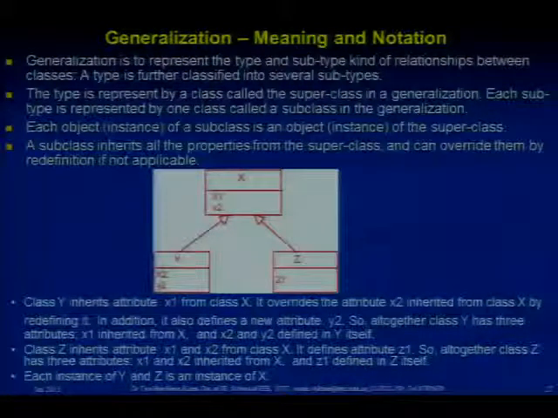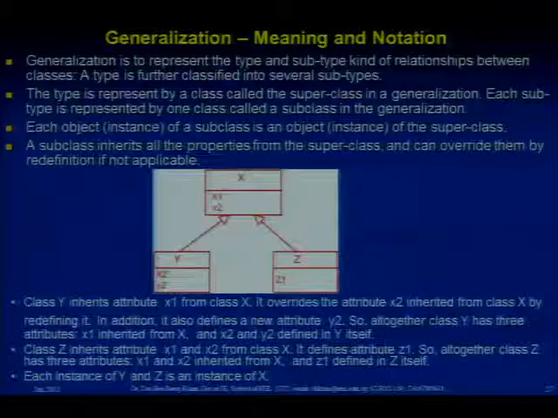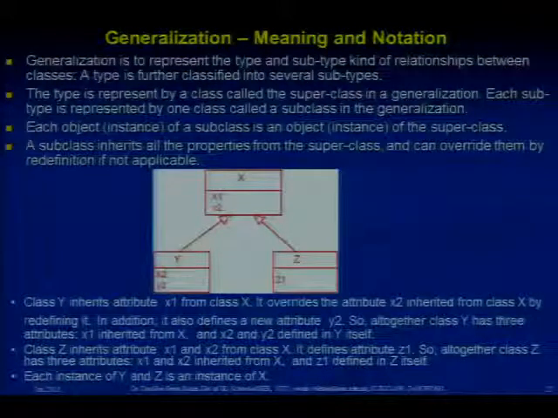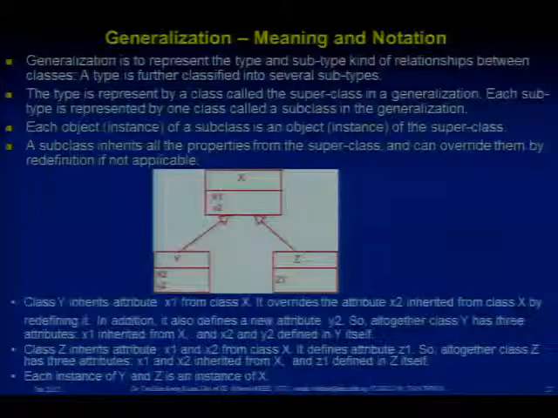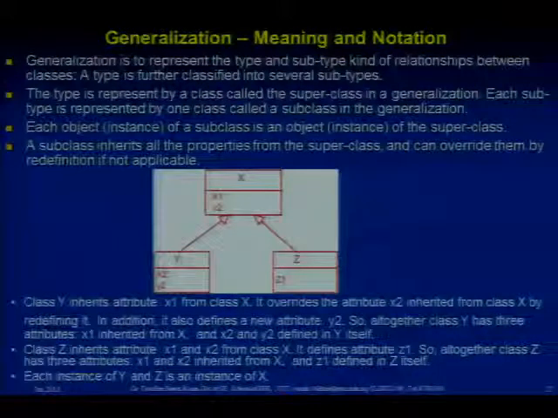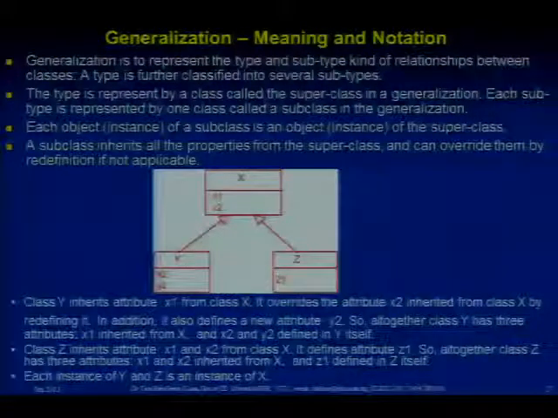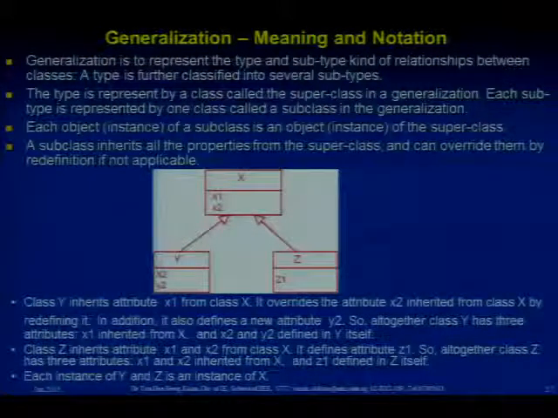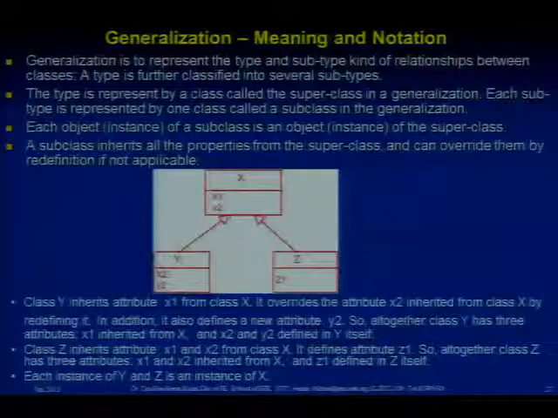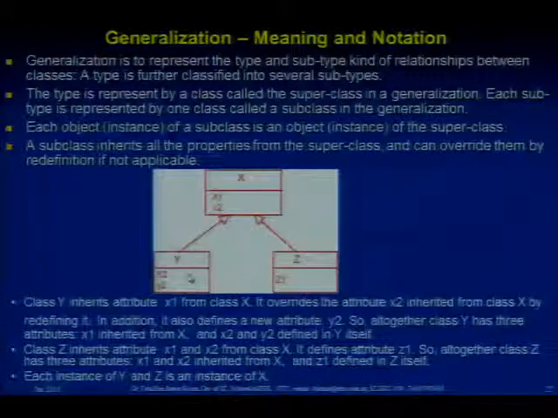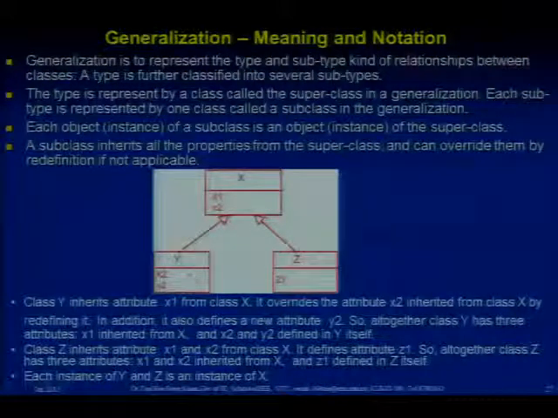By default, if you don't do anything in the subclass, we have all the attributes and operations from the superclass. But in the subclass you can override unwanted attributes by redefinition, which I have already shown you, and you can add new attributes to describe properties specific to the subclass. So you have all these mechanisms to define in your subclass.